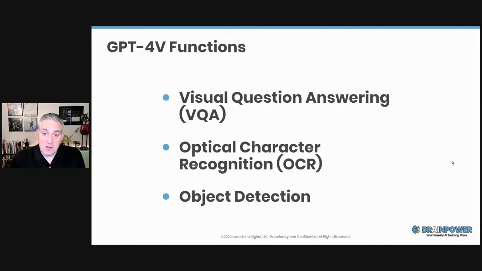Again, it's been around for a long time, but let me tell you, the ability in ChatGPT or GPT-4 is absolutely amazing. And you're going to see that here in a moment. And finally, object detection. What's in the image? How many elements are there? What is the proximity between multiple items? That kind of thing. So it's pretty spectacular what it can do.